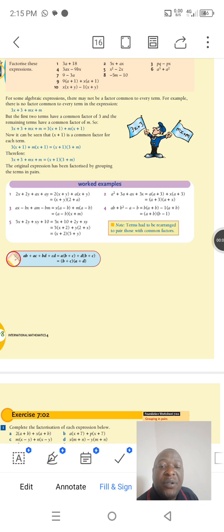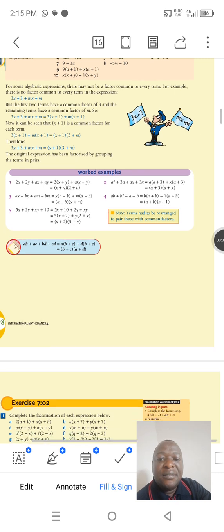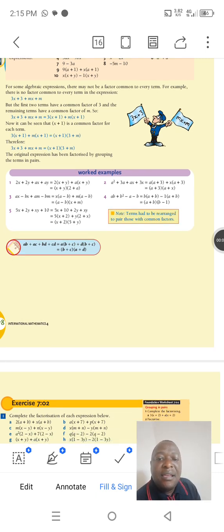For question number 4, the question is factorize ab plus b squared minus a minus b. If we pair the first two terms, it has a common factor of b.